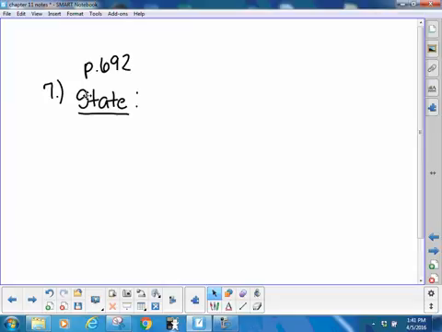Okay, so we need to do state, plan, do, conclude, and what should our hope be on this one? If we're talking about those birds, what do you think our hope should be? For the M&Ms, we said that our hope was that the stated color distribution was correct.